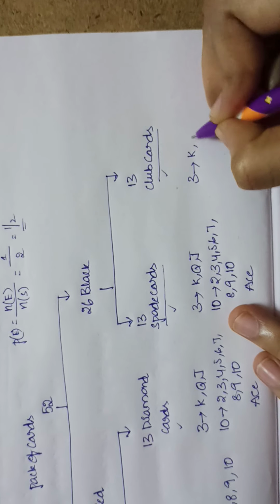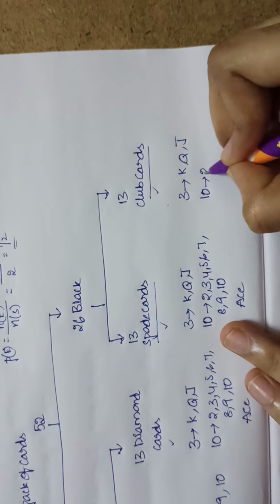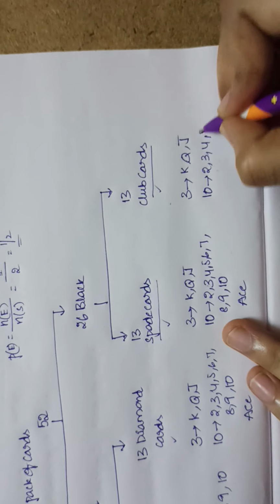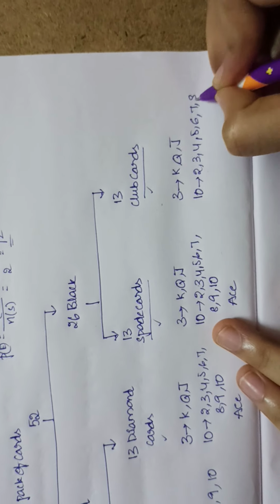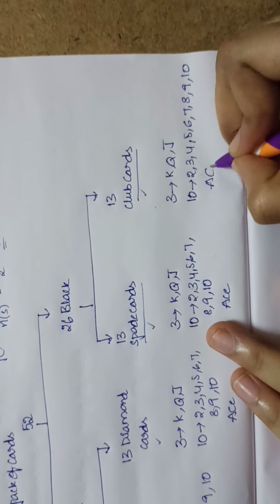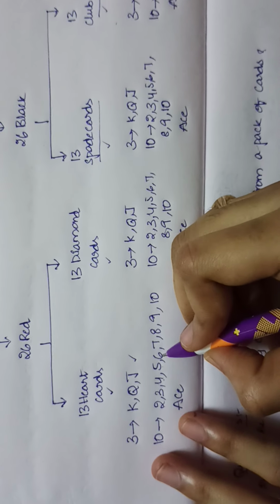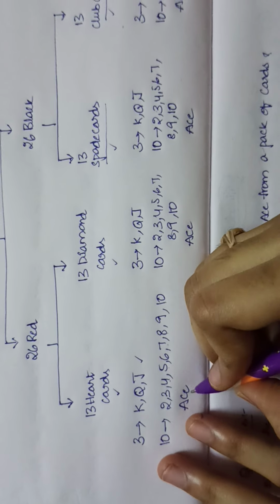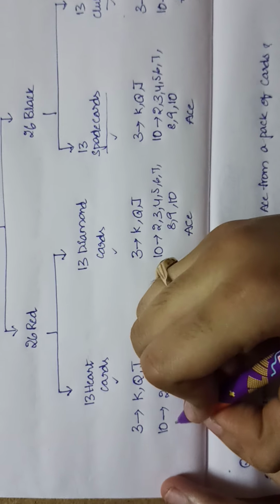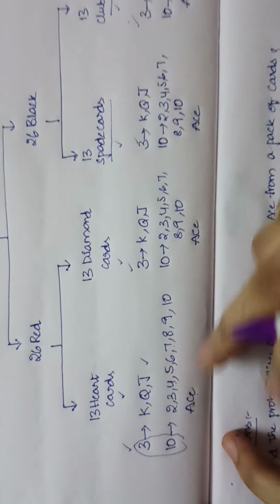They are king, queen and jack. And numbered cards 2, 3, 4, 5, 6, 7, 8, 9 and 10. And in place of 1 there will be an ace card. Okay, let us count: 1, 2, 3, 4, 5, 6, 7, 8, 9, 10, 11, 12, 13. So there are 13 cards. Here also 13, here also 13.